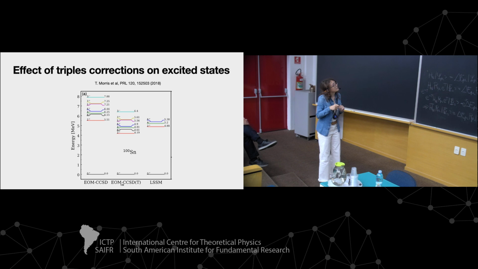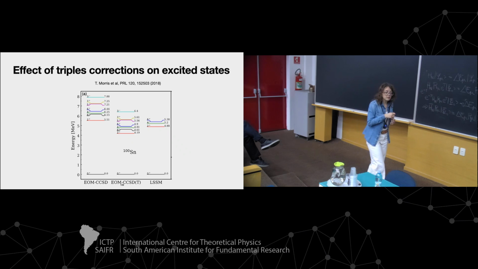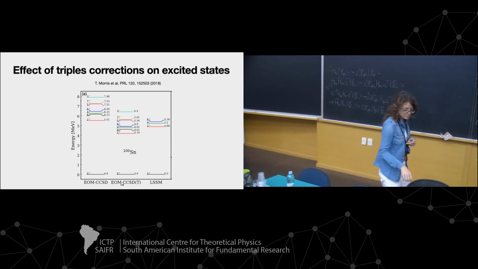And you can see what is the effect of going from CCSD in the calculation of various excited states to a calculation in which we also add triples. And we see, as I was saying before, there is a lowering in the excitation energies, which is due to adding triples.